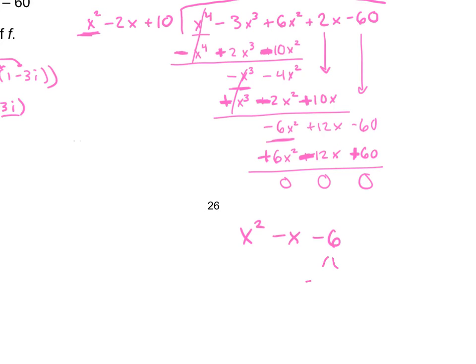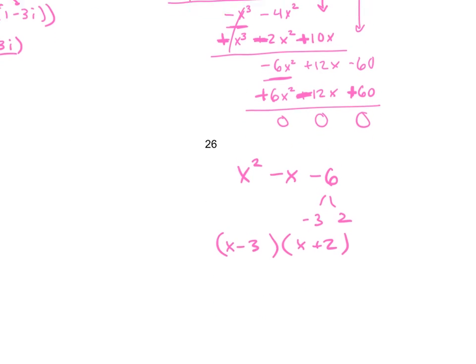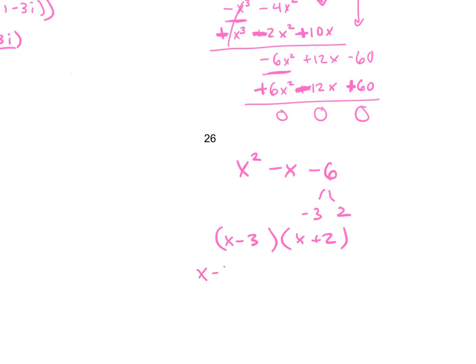So this would be negative 3 and 2. So we put them into our parentheses. We have x minus 3, x plus 2. Set each of them equal to 0. So x is equal to 3 and x is equal to negative 2.